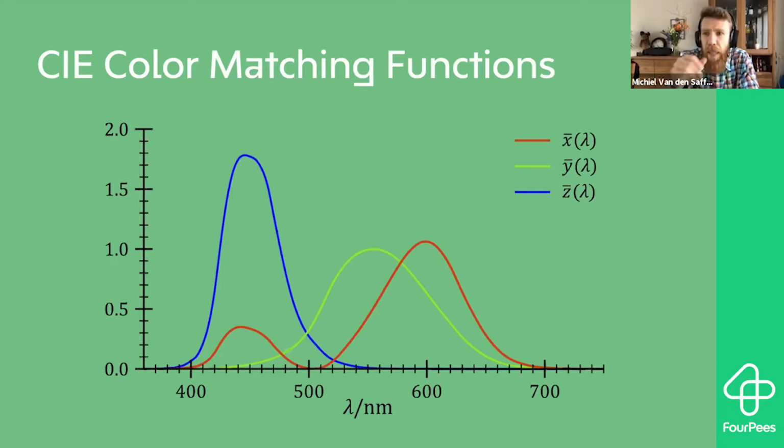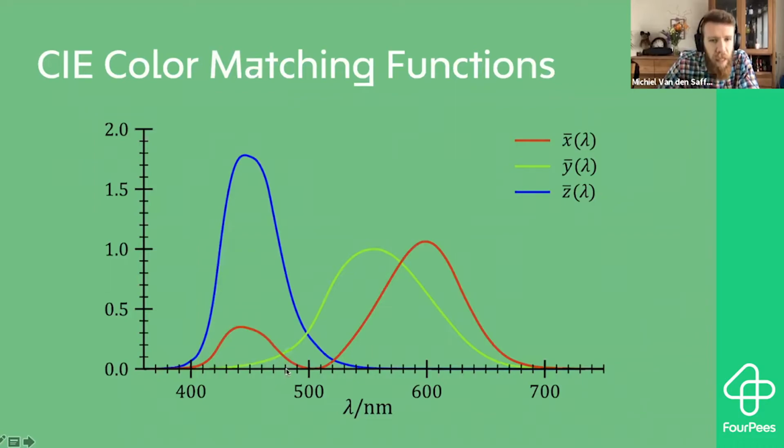There's a bunch of stuff that has happened with these curves to make them work mathematically. But in the end, they end up with a value for RGB, or in this case, X bar, Y bar, Z bar, that results in a certain color.